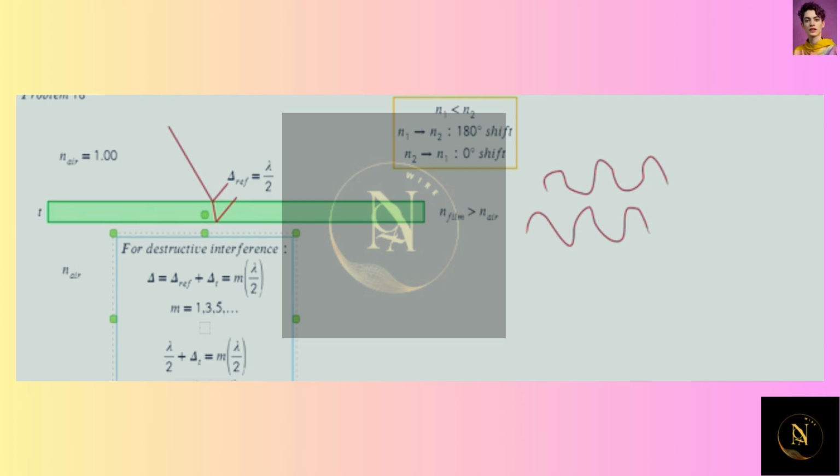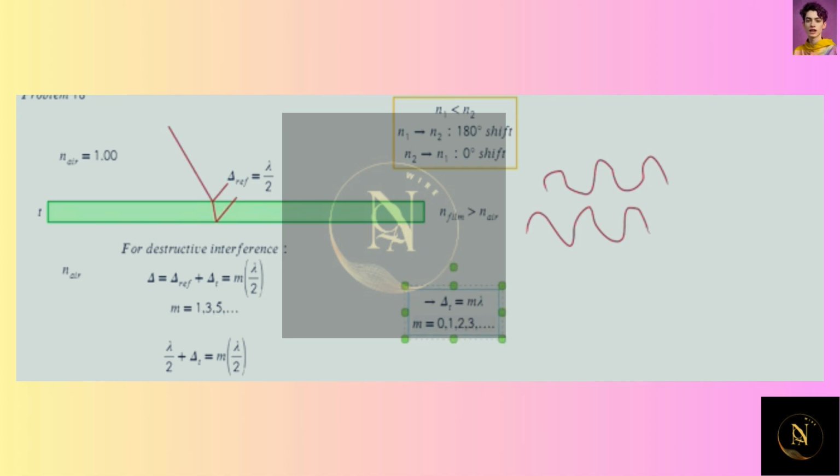So delta t would be m times lambda, where m is any integer. So in this case here, let's go ahead and copy this. In this case here, m would be equal to 0, 1, 2, 3, etc.